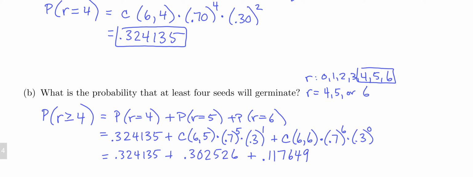If we add these all together, we get 0.74431, and this is the probability that at least 4 seeds will germinate.